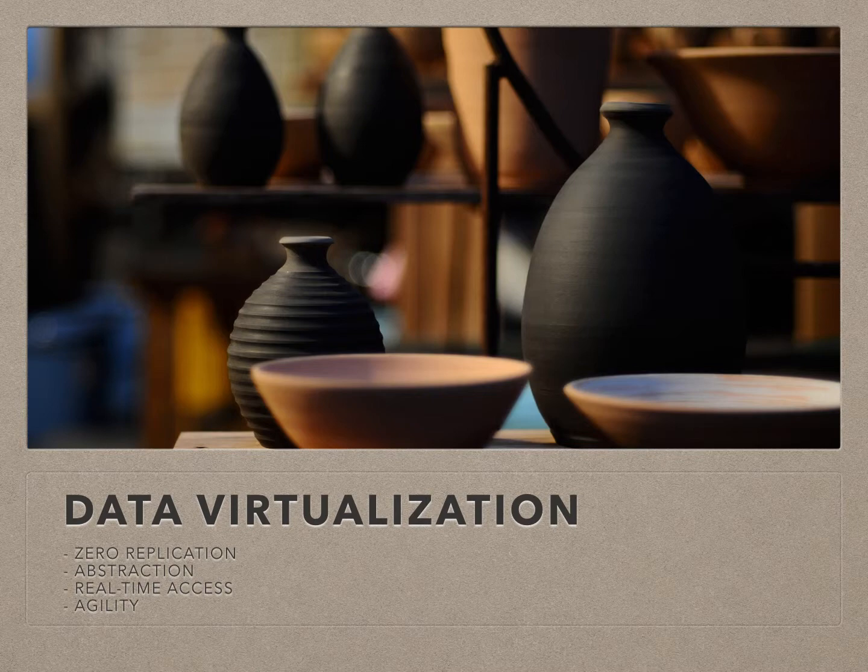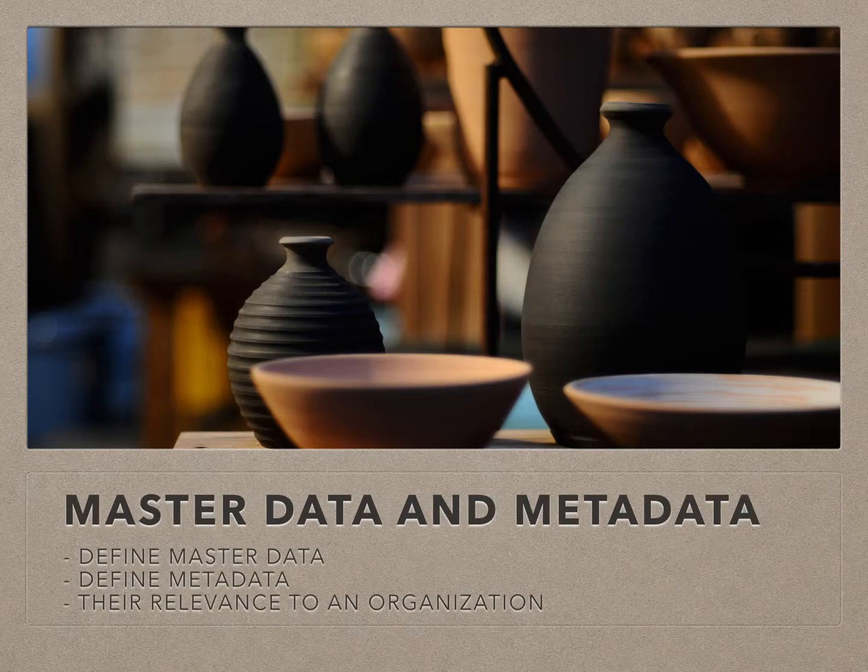Agility here refers to changes that can be made without impacting the business. Data virtualization is important in an organization because it facilitates a universal semantic layer across multiple consuming applications.